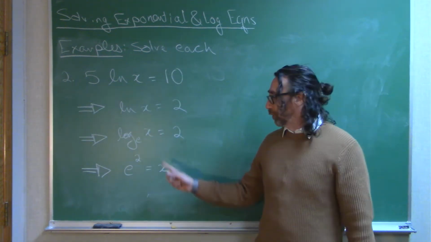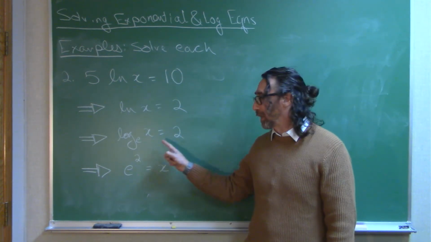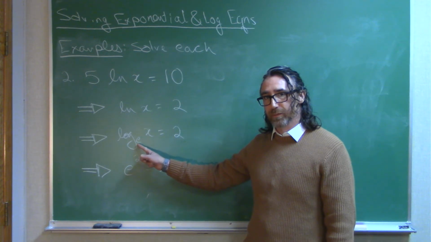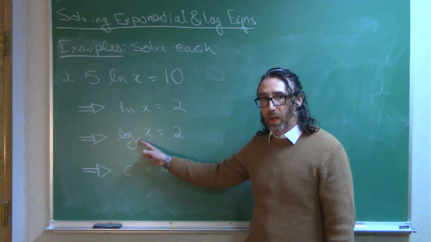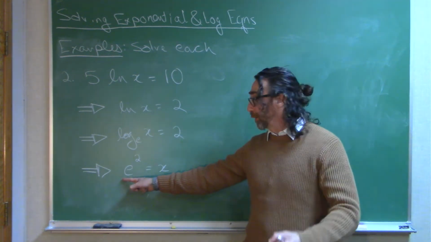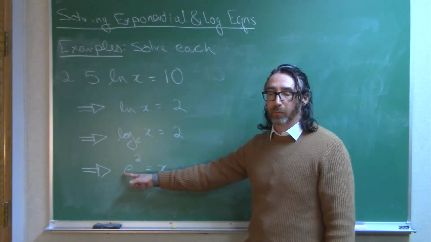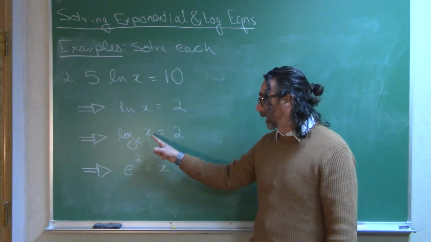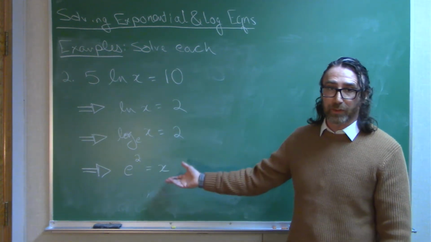Okay? Remember, the log tells you the power that you should use on this base. The base of the log always matches the base of the exponential. So if we're doing log base e, we're talking about raising e to some power. What power? The log tells you the power. Raise e to power 2, and that'll hit x. We can stop right here.